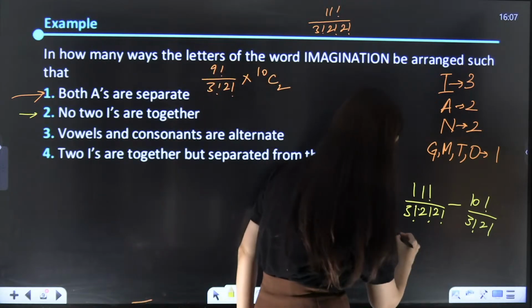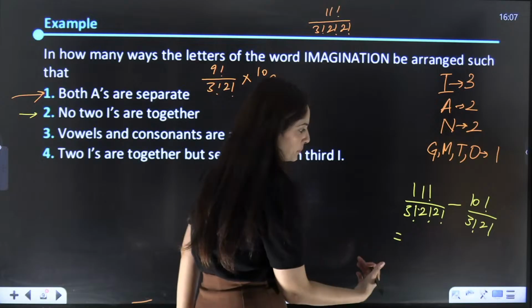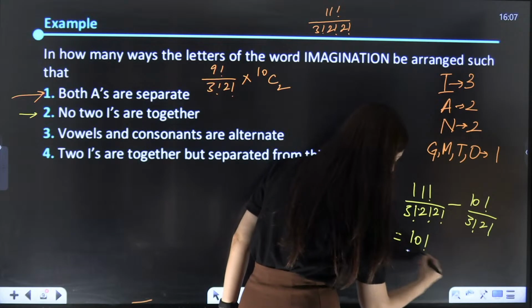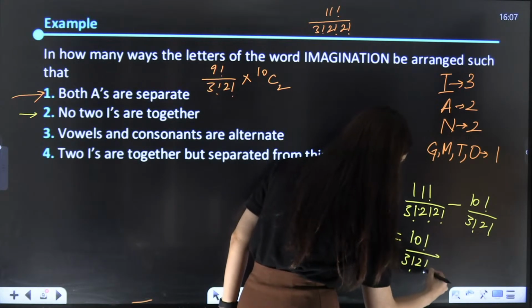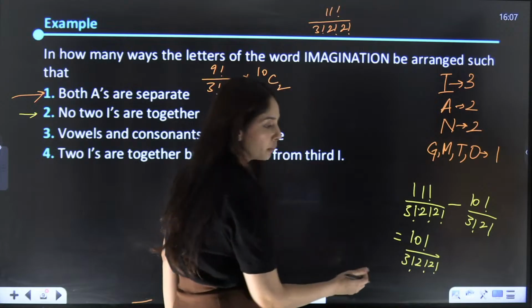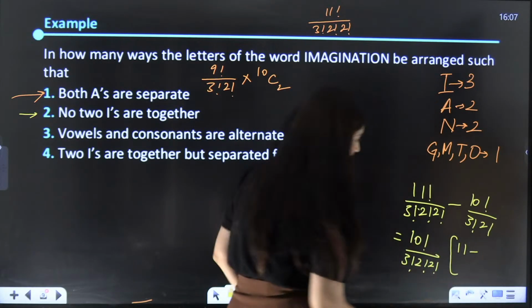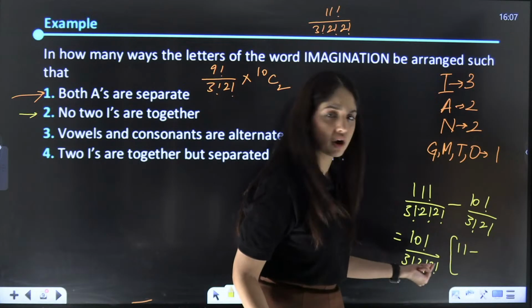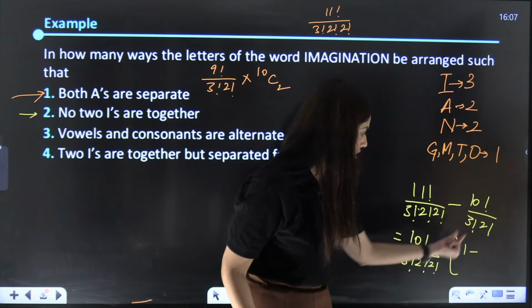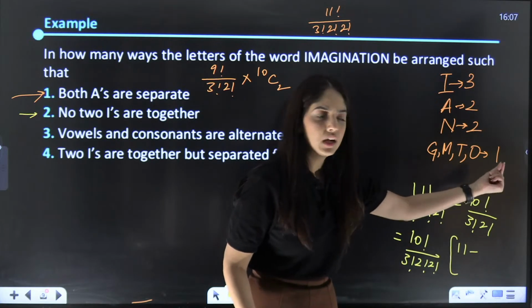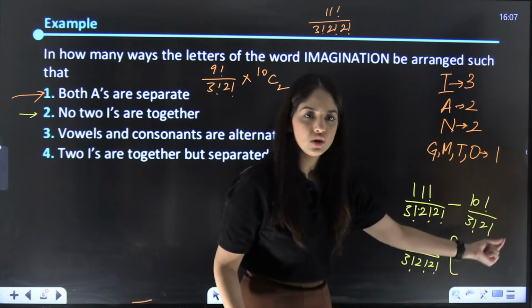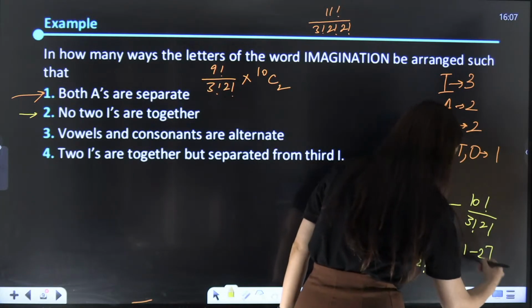Anyway, coming back here. Now just some manipulations here. We take this common. So what is left in the first one? 11. And here we have taken this common, so the denominator becomes this. In order to make it this, we multiply 2 factorial with the numerator and denominator. So 11 minus 2.